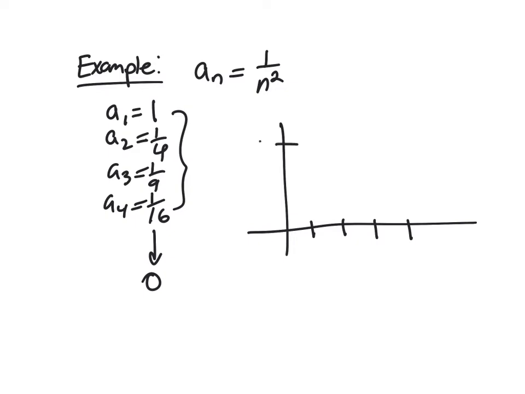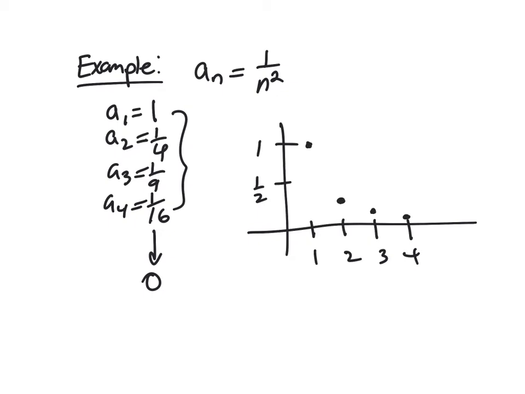So if we label this, 1 and 1/2 here, as we start going out, well, we have a dot at 1, 1, a dot at 2, 1/4, 3, 1/9, and 4, 1/16, and we're already getting pretty close to 0.